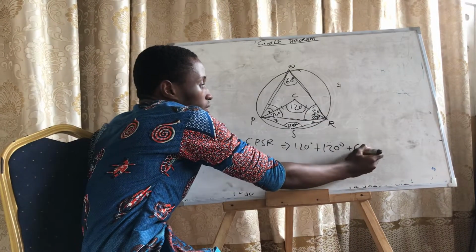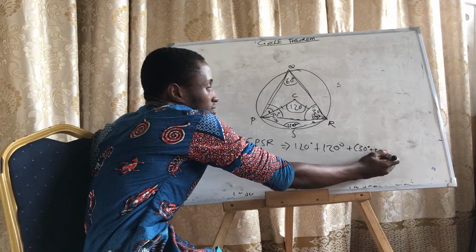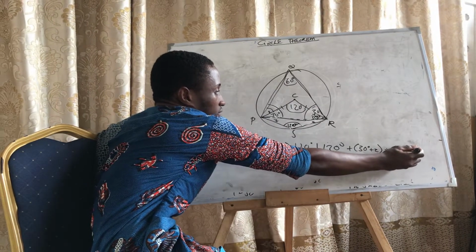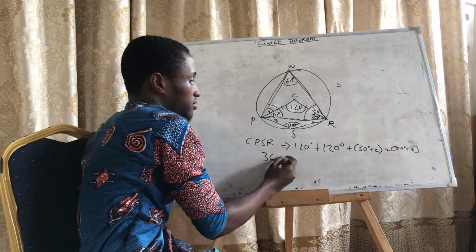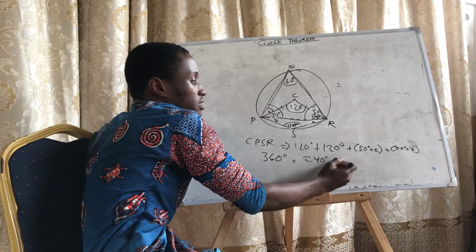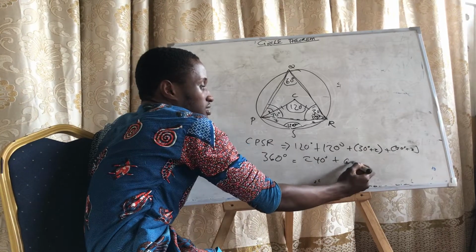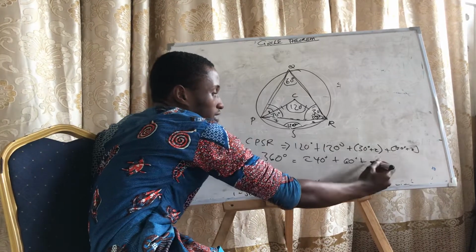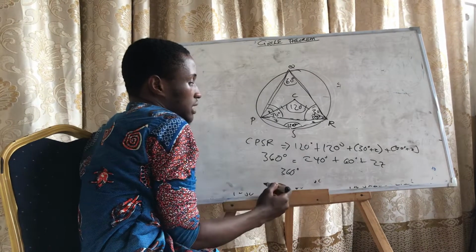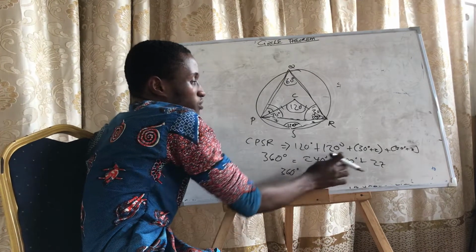So I have 30 plus Z, this one, then another 30 plus Z. So 360 degrees will be equal to, this will give me 240 degrees. Then 30 plus 30, 60 degrees, plus Z plus Z, then 2Z. Now I get 360 degrees. Then this will give me 300, right?